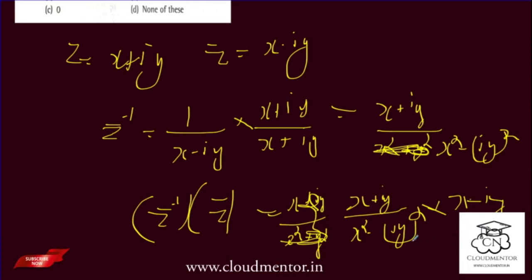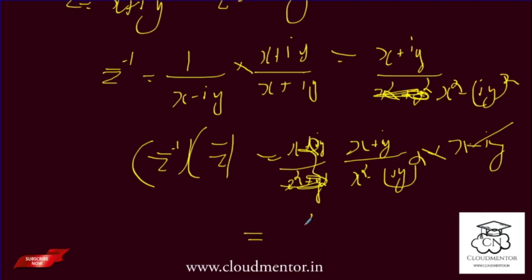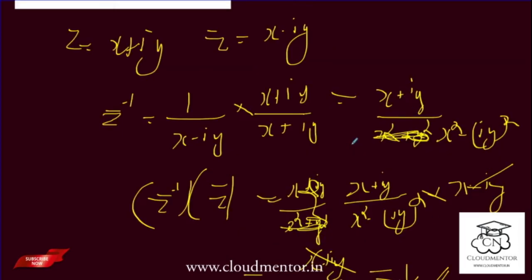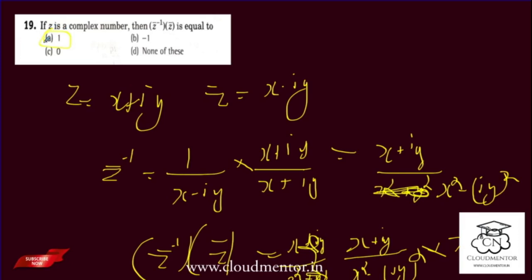Now we know this came from multiplying x plus iy and x minus iy. So x minus iy gets cancelled here, and what is left is x plus iy by x plus iy, right? So that is equal to 1. So option 1 is the right answer. That is option A is the right answer.